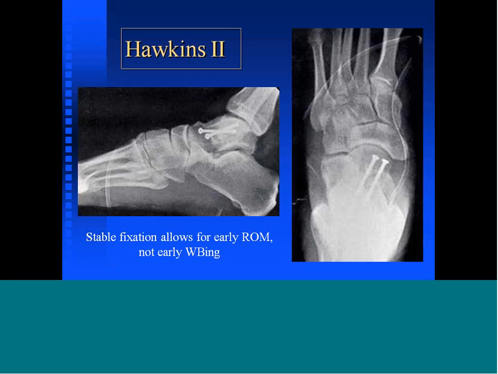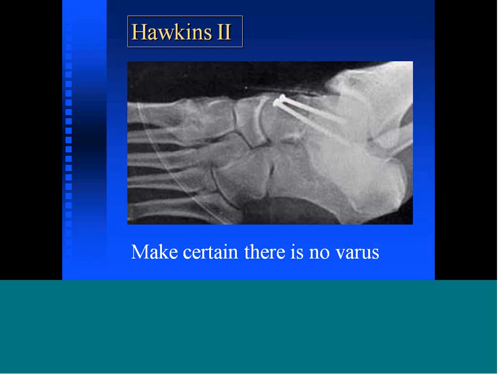Stable fixation allows for early range of motion. However, you do need to remember that stable fixation does not allow for early weight bearing. You still have to allow these fractures adequate time to heal, again, with their precarious blood supply and their risk of developing osteonecrosis. You also have to make certain that in the operating room, once your fixation is placed, there is absolutely no varus along that medial aspect of the talus.